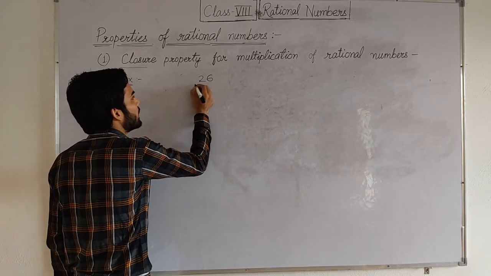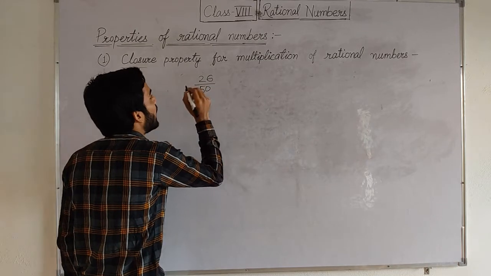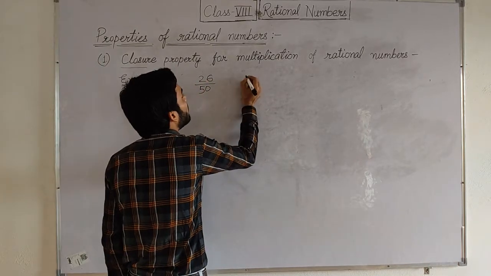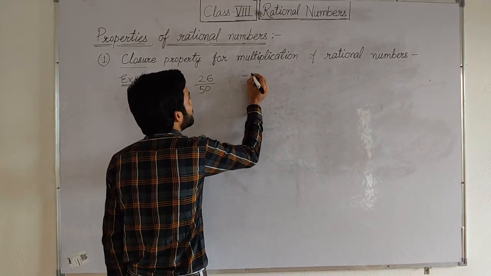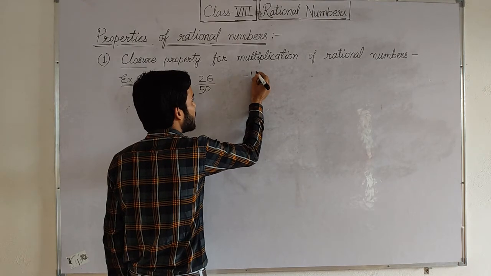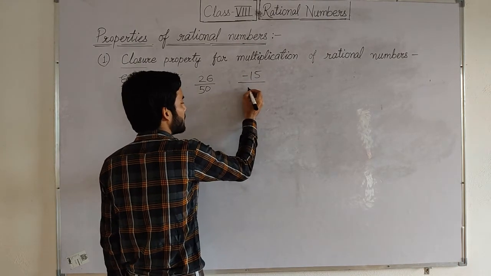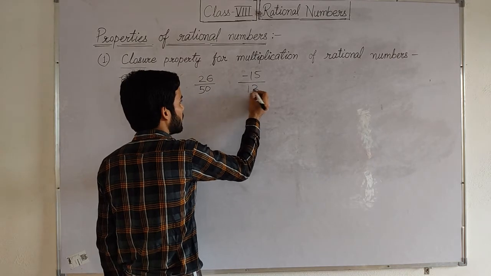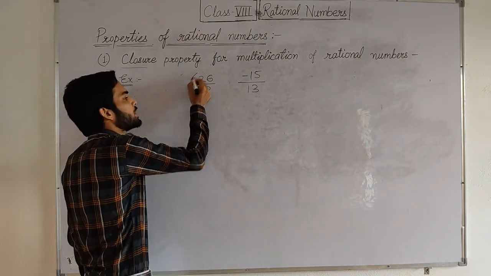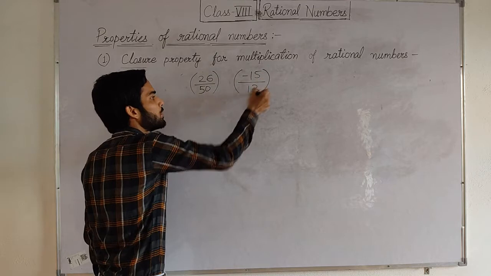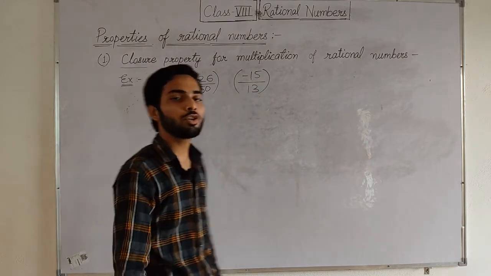So let us take another two rational numbers. Let us take 26 by 50 and minus 15 upon 13. So these are two rational numbers. I am going to multiply them.